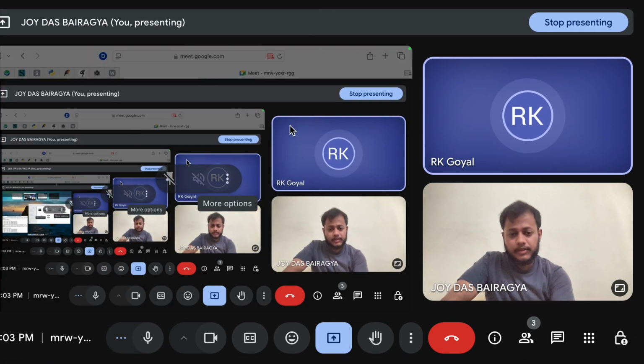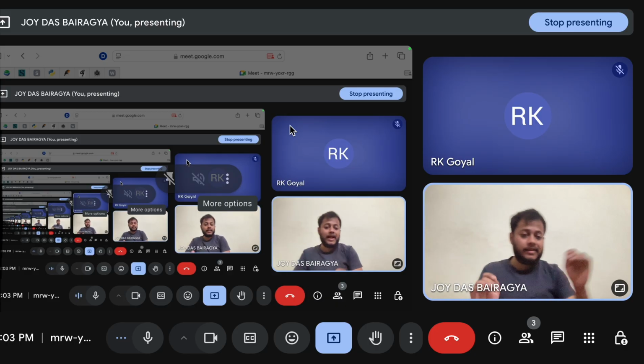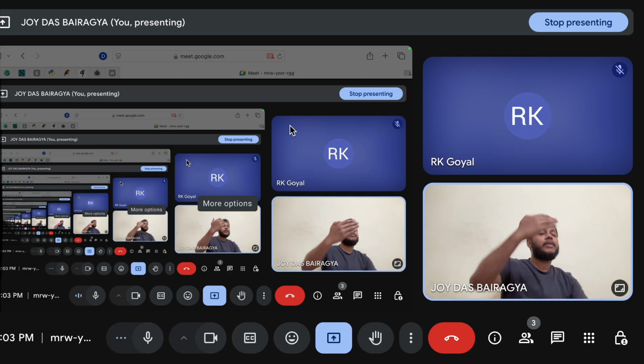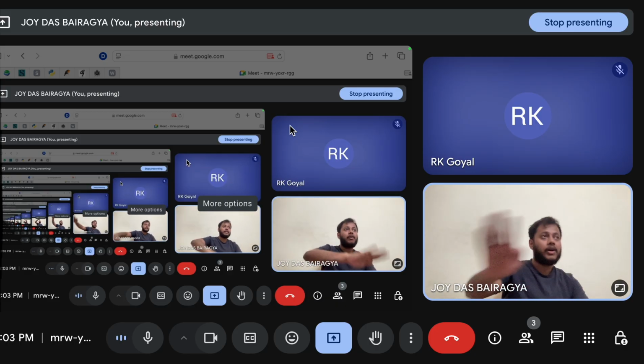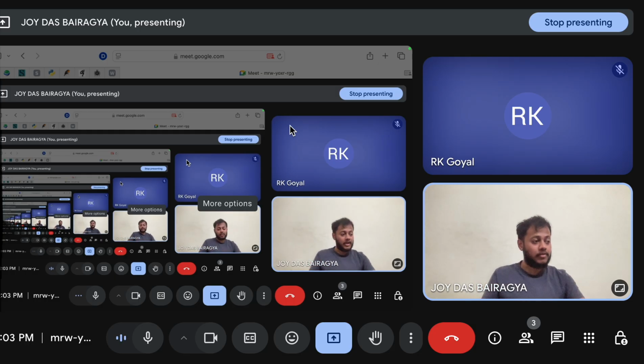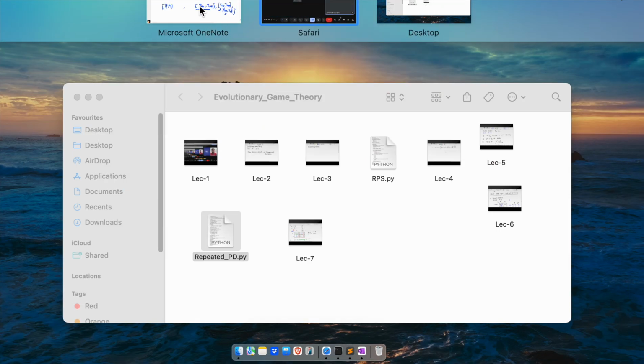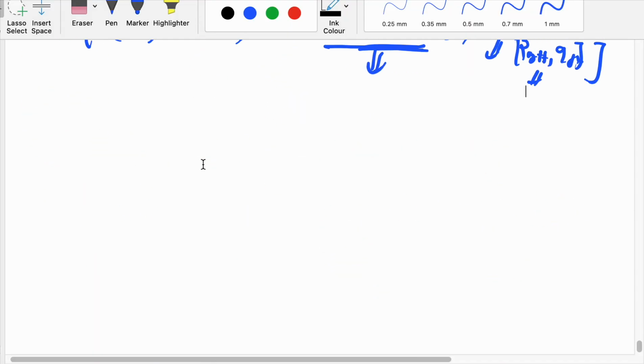Yes, yes. So that is what I am showing, what is the best in the long run. It is the best in the long run to play the GTFT strategy, which is called the generous TFT, a slight modification of the TFT.